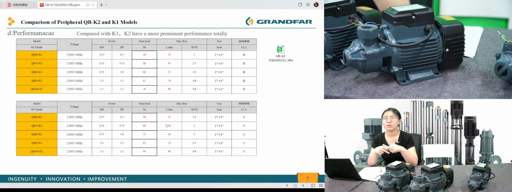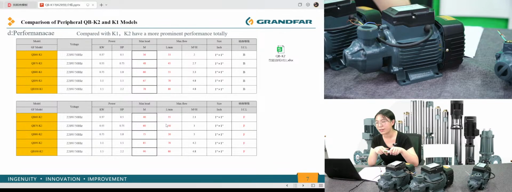Like the first graph, it shows the 5 models of QB-K1 with their voltage and power, max height and max flow, size, and isolation class level. The second is our new product, the five kinds of QB-K2, with the same parameters.